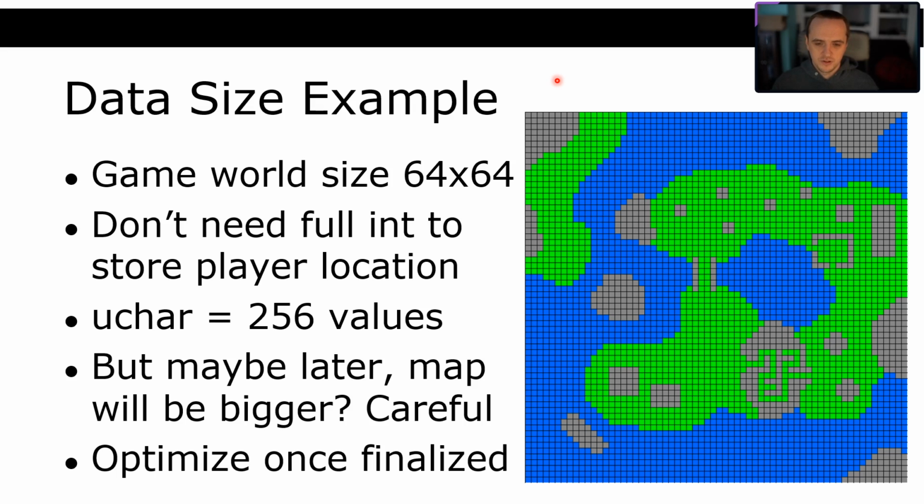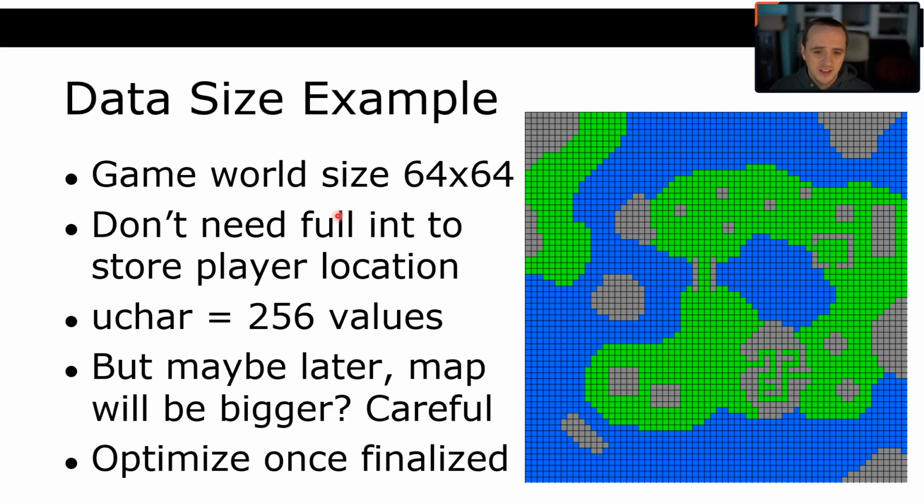This is very important. You want to get things up and running. You want to be iterating on your design and your programming and your implementation, and then only when the designers say, okay, we will definitely not have any maps that are bigger than 256 by 256, then you go back and optimize things, okay? Now, that's not to say that you always want to do this, right?